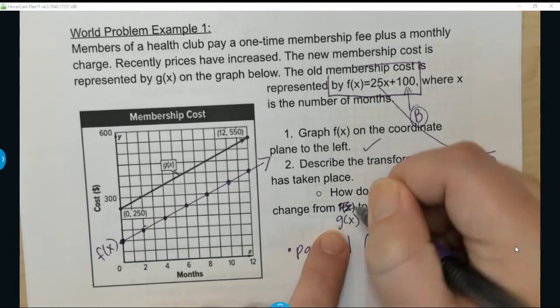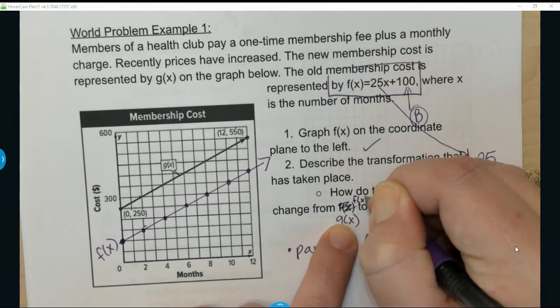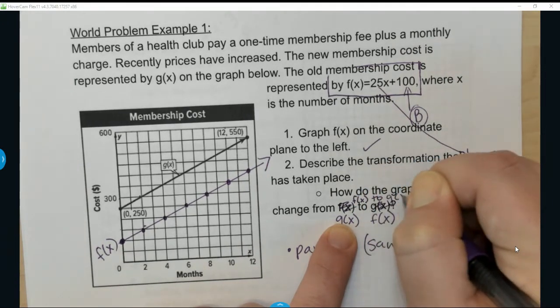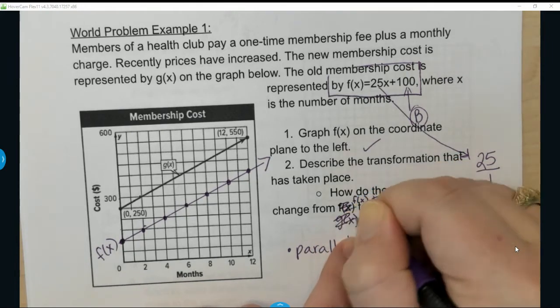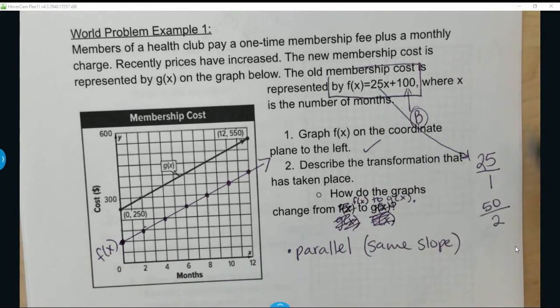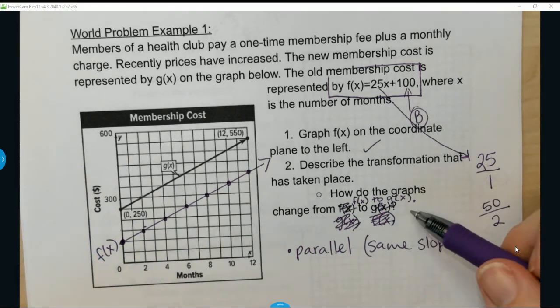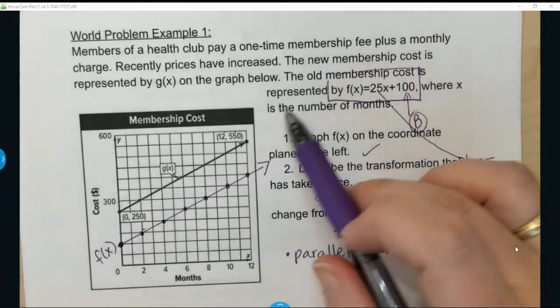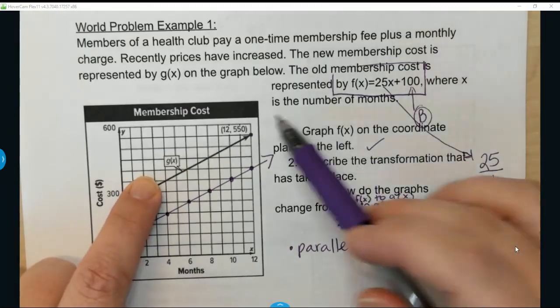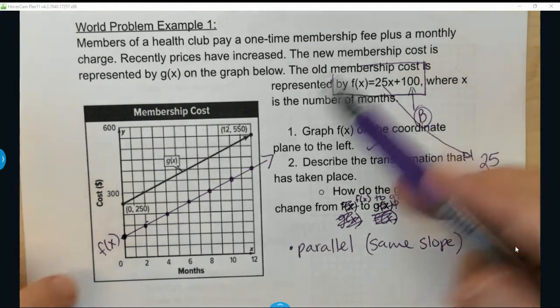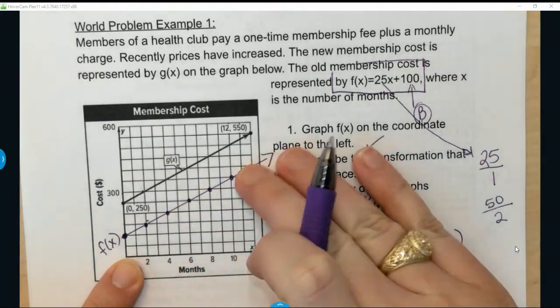Yeah, we could leave it like this, f of x to g of x. Sorry to confuse you. I forgot that f of x is the original and g of x is the new. My fault. So yeah, leave it as f of x to g of x, but let's go back again. The new membership cost is represented by g of x, and then f of x represents the old one. So this line down here is that old membership.